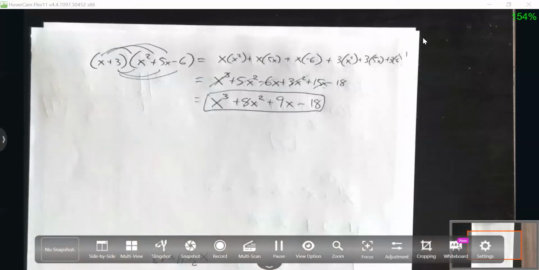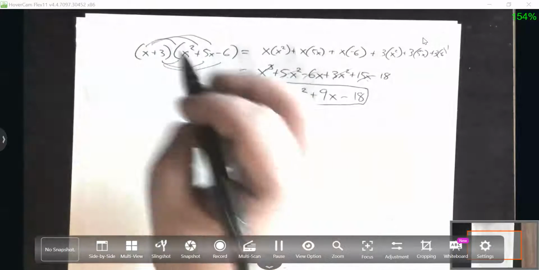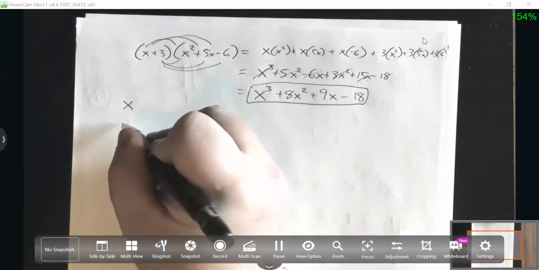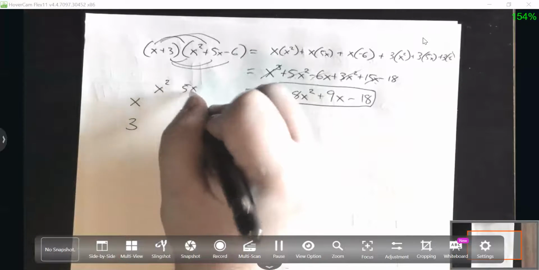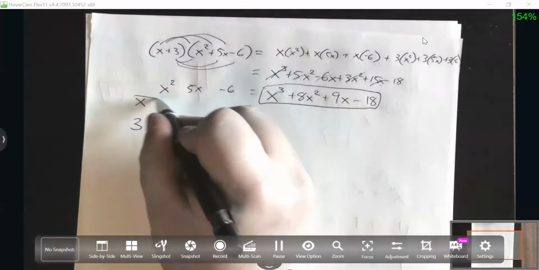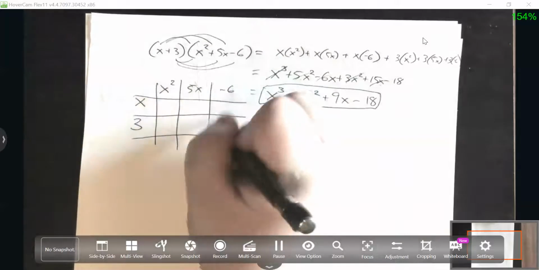You can set this up as an old school multiplication problem where you put them on top of each other, and then you went through keeping placeholders. That also works out just fine. Since people were asking me about the box method earlier, I'll write down the box. So in the box method, what we're going to do is write each of our things along the outside, and then I'm going to make a little grid pattern out of it.